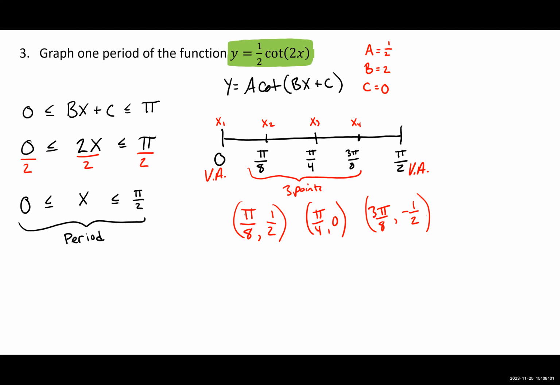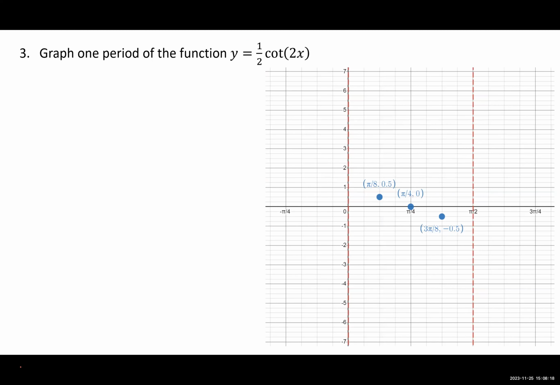All right, and that's enough. We've got 6 things right now. We've got 2 vertical asymptotes. We've got 3 points, and we know the shape of the cotangent graph. It's going to look like this. So let's put all of that on the coordinate plane. x1, x2, x3, x4, and x5, taking that period, splitting it up into 4 pieces.